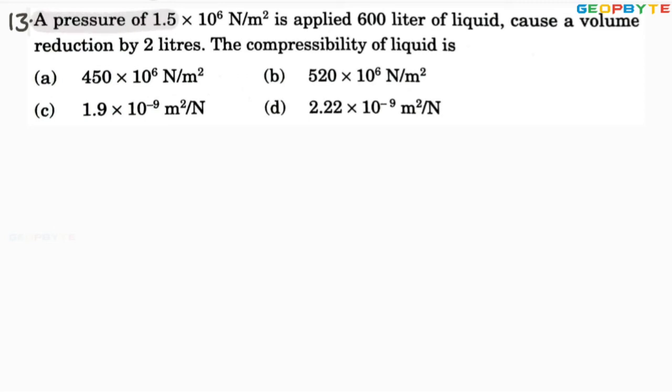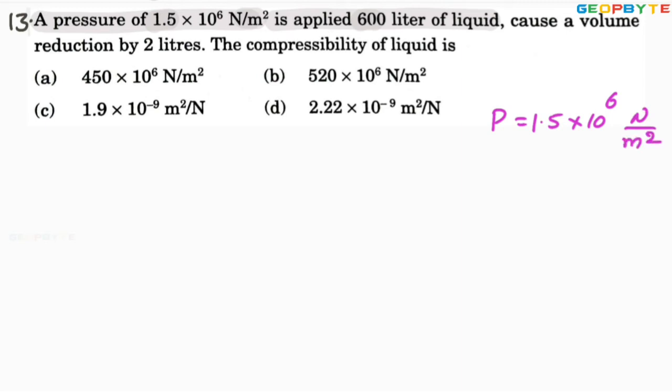A pressure of 1.5 into 10 power 6 Newton per meter square is applied to 600 liters of liquid. Pressure is given, 1.5 into 10 power 6 Newton per meter square.